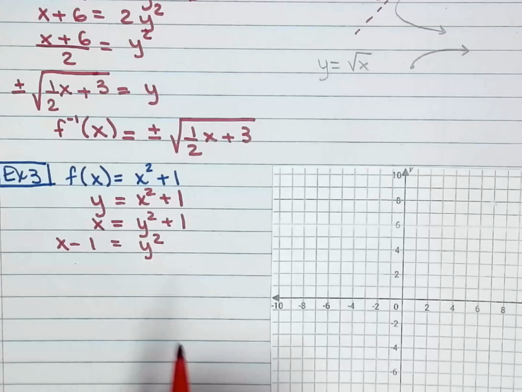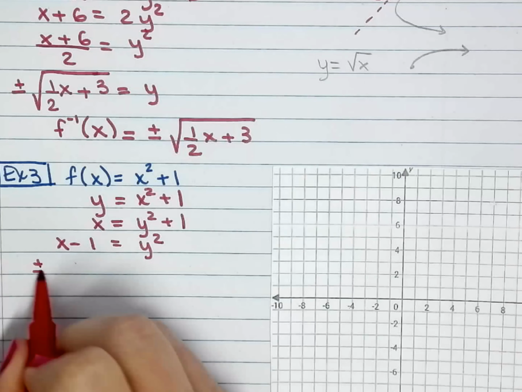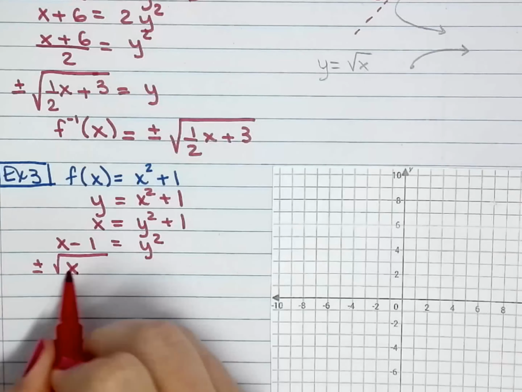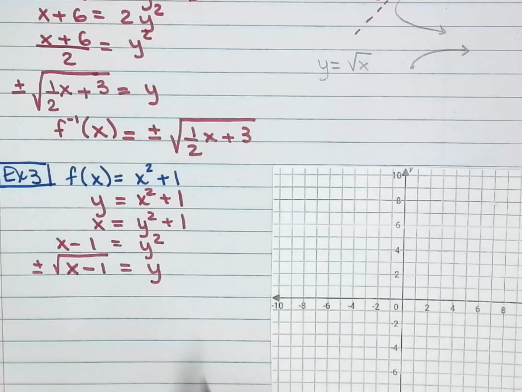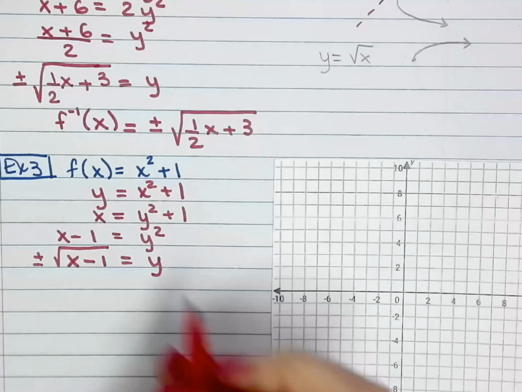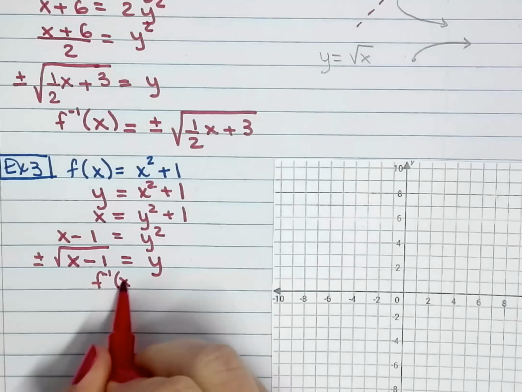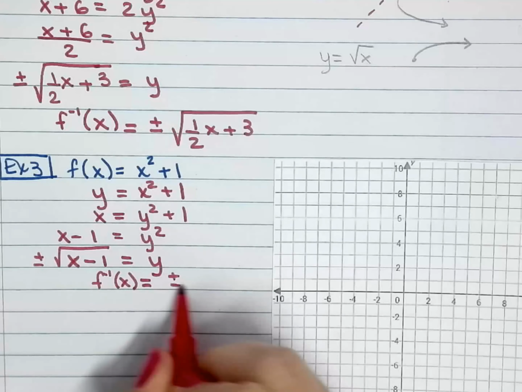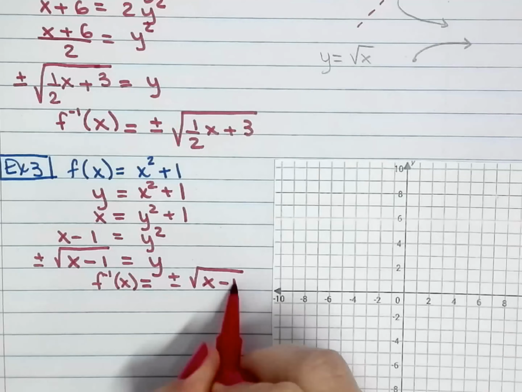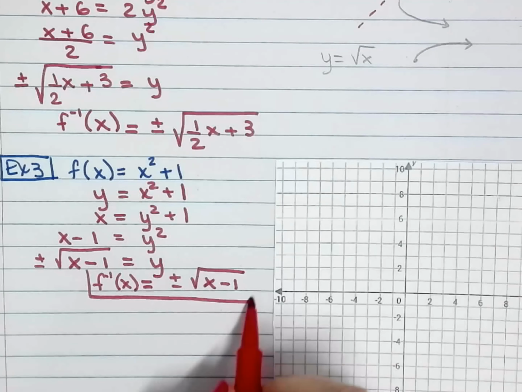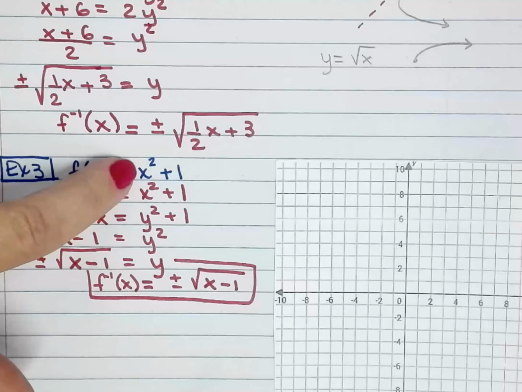Remember, plus or minus. So plus or minus the square root of x minus 1 equals y. And then the proper notation will be f of negative 1 of x equals plus or minus the square root of x minus 1. So this is your inverse function of that one.